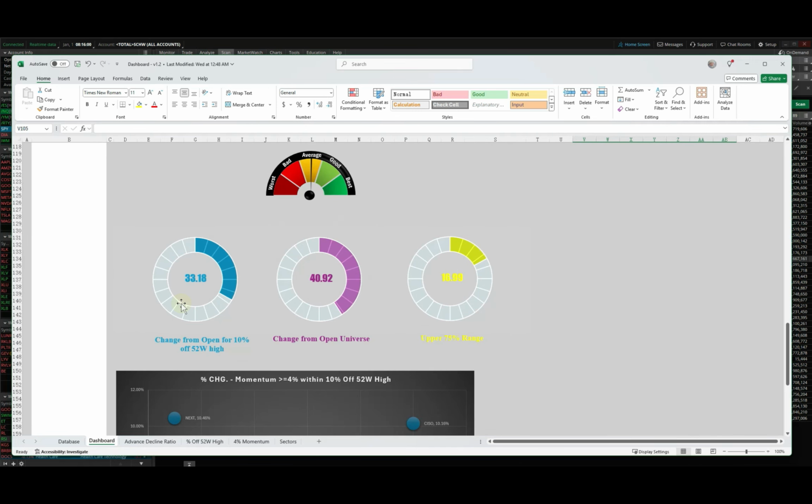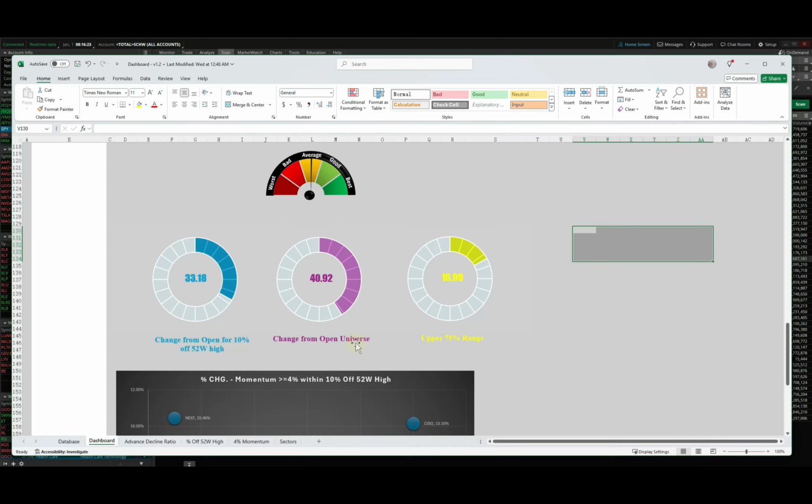In this case, within the top 10% range, only 33% of stocks opened here and higher. A very big number in the top 10% opened here and lower actually. So that's why the breadth in the top 10% is not so good.